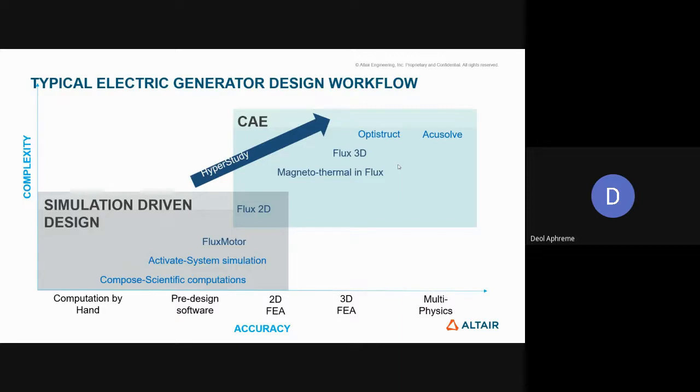And then you can couple it with Flux Motor or Flux 2D. Flux 2D is when we start with CAE, or computer aided engineering, where we are doing finite element analysis of these models, seeing their reactions, their magnetothermal interactions, and the different forces acting on them. Optimizing comes as part of CAE, as the last step, like I said before.